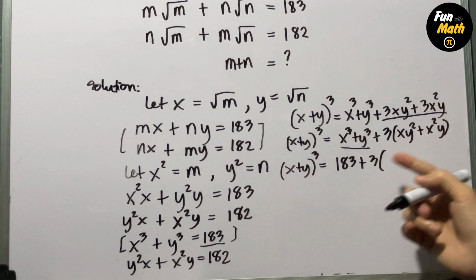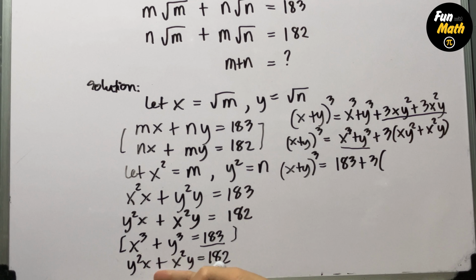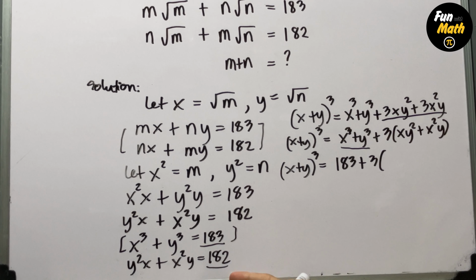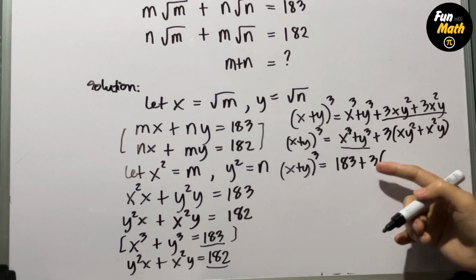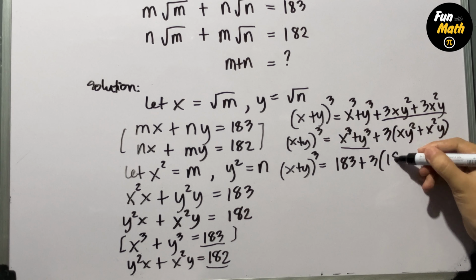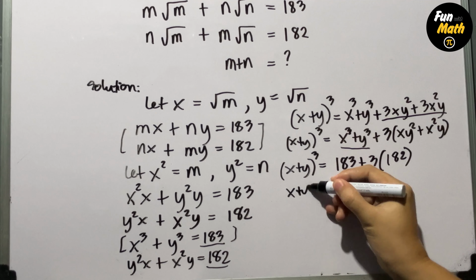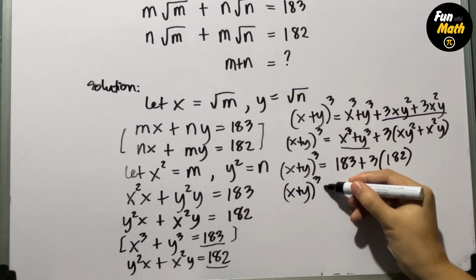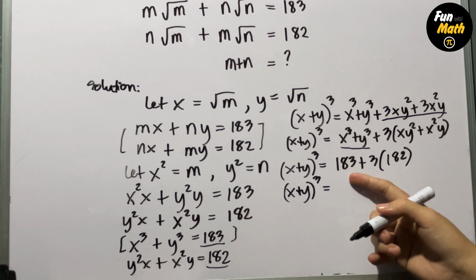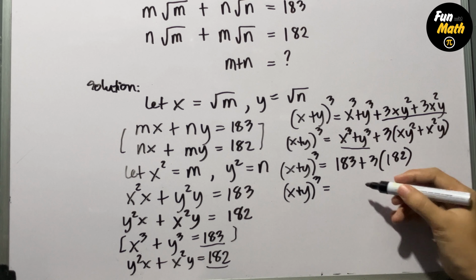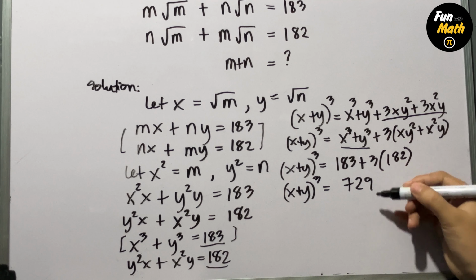This is just the same as y squared x plus x squared y, and the value for that is 182. So this is now 3 times 182. So x plus y whole to the power of 3 equals 183 plus 3 times 182, that is equal to 729.